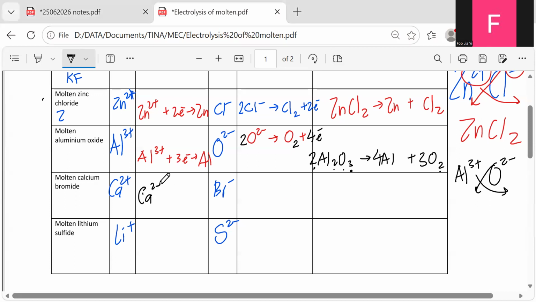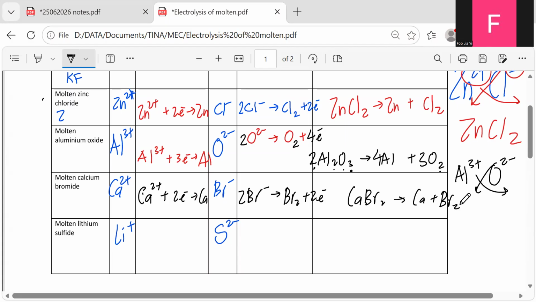Ca is 2 plus. So plus 2e becomes Ca. Right or not? Yes. Br negative is exactly the same as just now. So overall is CaBr2 becomes Ca plus Br2. Li plus electron becomes Li.